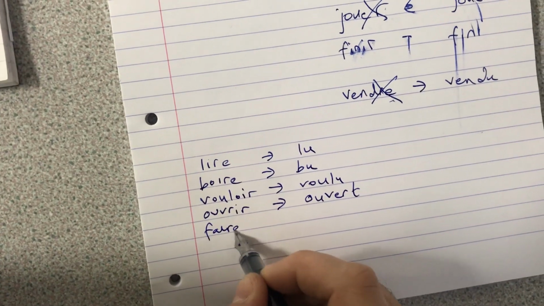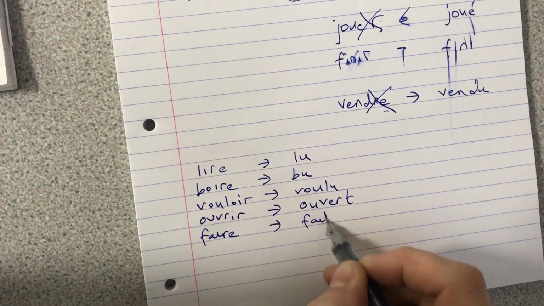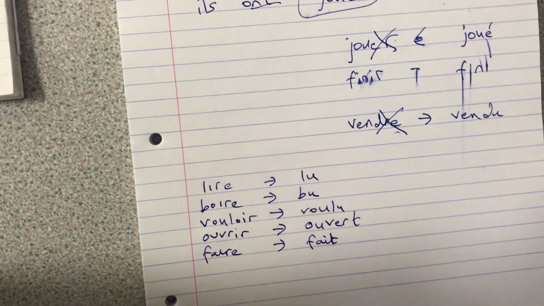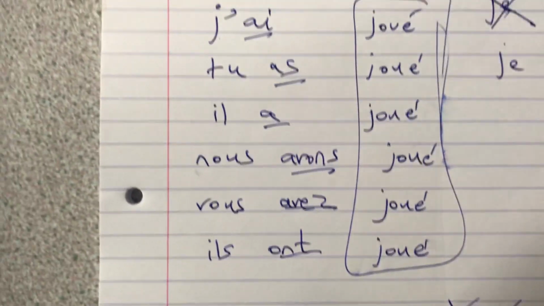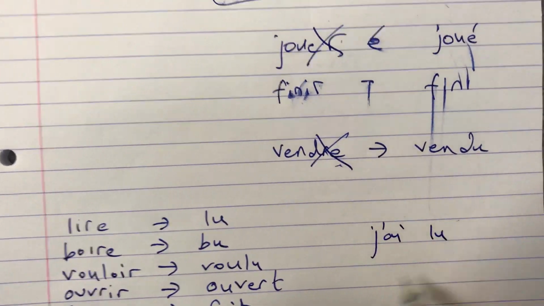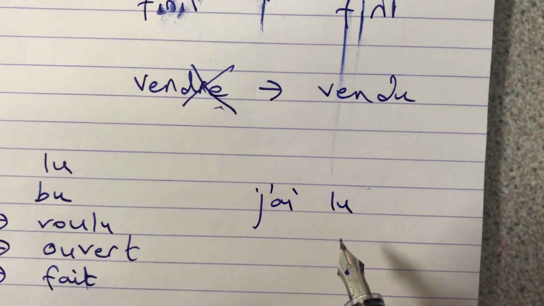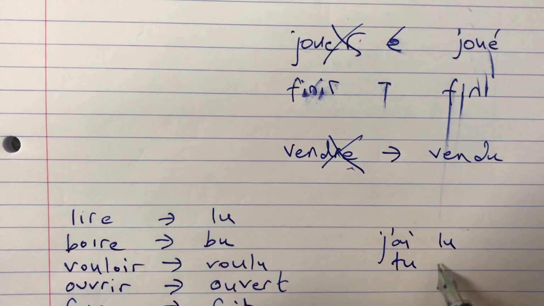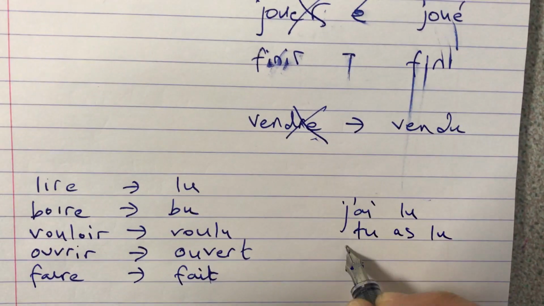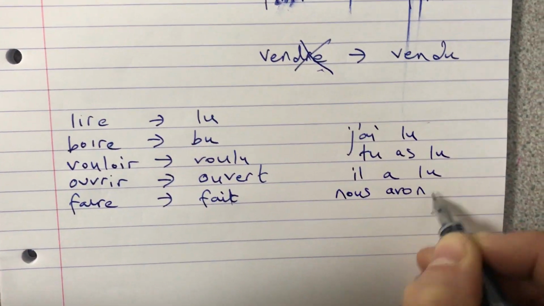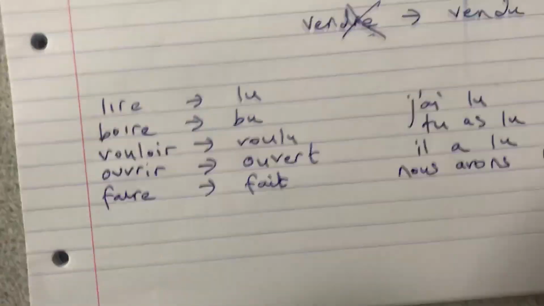Faire is fait. So all you need to do in front of all of these past participles is add these: j'ai, tu as, il a. So, quick example. J'ai lu is I read, I have read, or I did read. Tu as lu, same. Il a lu, nous avons lu, etc., etc.